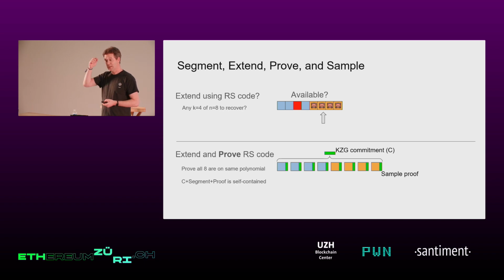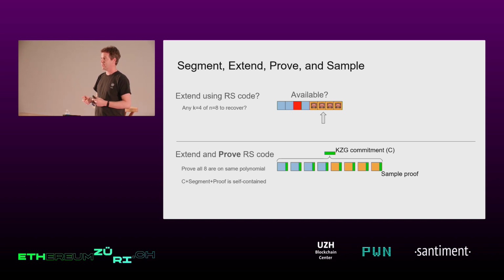So what's happening is that we are proving the Reed-Solomon code, and this is going with a KZG commitment. So there is a commitment to the data. Each single segment has a proof attached. So if you have the commitment, a single segment, and the proof, these together enable you to verify that the sample is actually coming from the correct Reed-Solomon encoding.